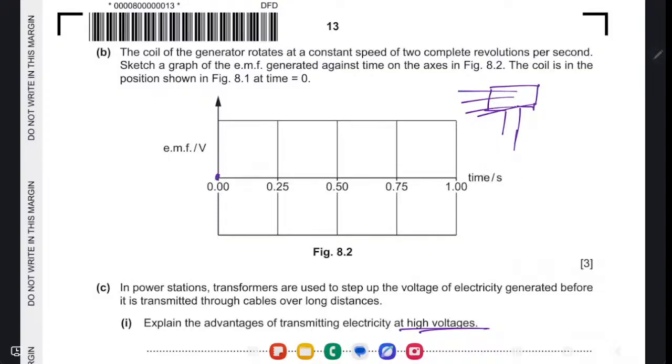But if the field is like this, north, south, then the coil, instead of being open like this, where the lines go in and out, would now lie in the field. Your coil now lies in there.